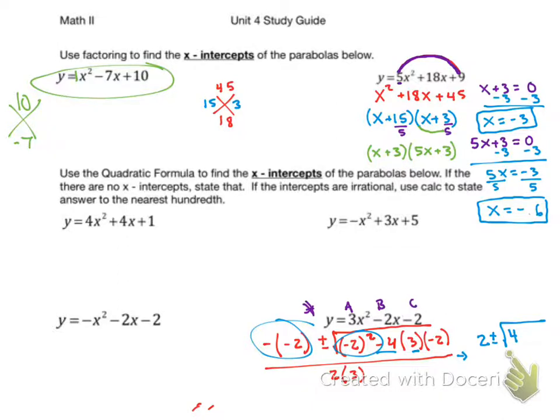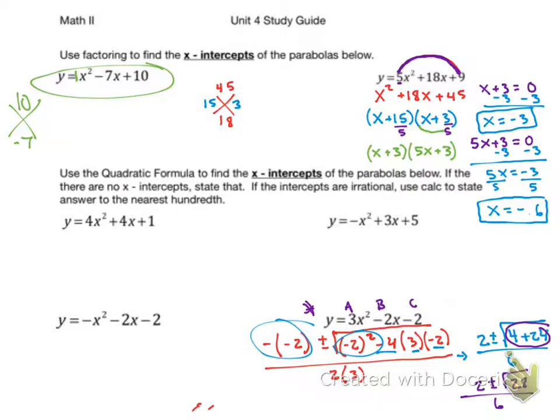Negative 12 times a negative 2 is a positive 24, so plus 24. And then divided by 2 times 3 is 6. Okay, so now we look at the discriminant. 4 plus 24. So this simplifies to 2 plus or minus square root of 28 over 6.